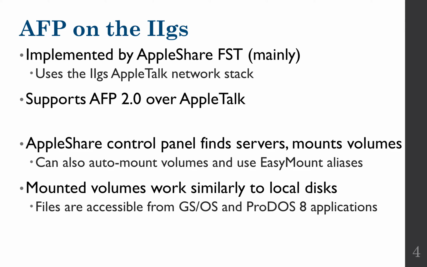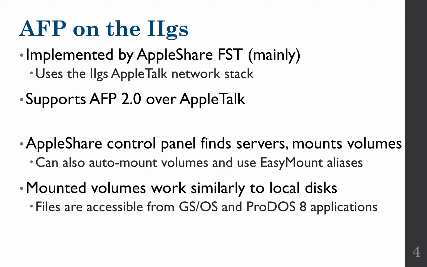It uses the AppleShare control panel to locate servers. It'll give you a list that you can select from to mount an actual volume over AFP. You can also auto-mount volumes, and you can use Easy Mount aliases. Easy Mount is a program that allows you to make an alias to a server, and then you can mount it later using that.